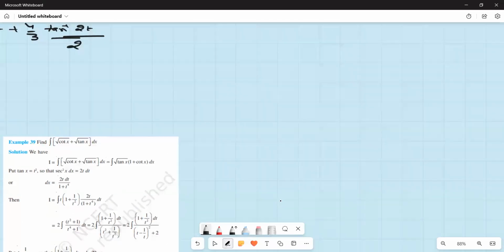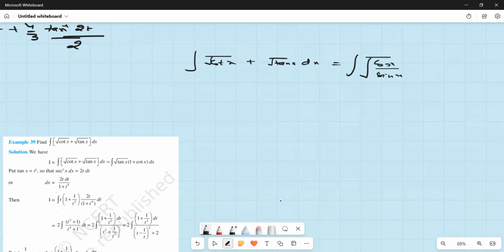This is example 39, cot x plus tan x dx. That will be equal to cos x by sin x now, and this will be sin x plus cos x.